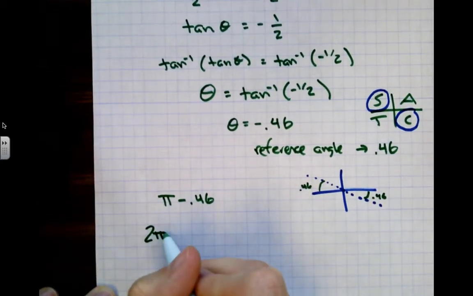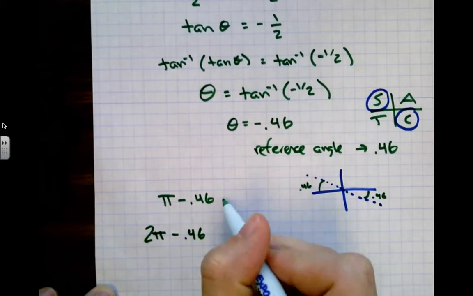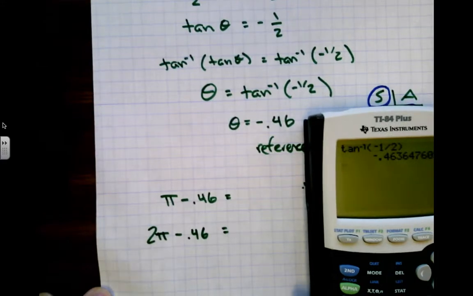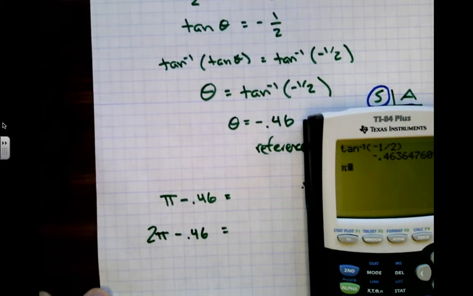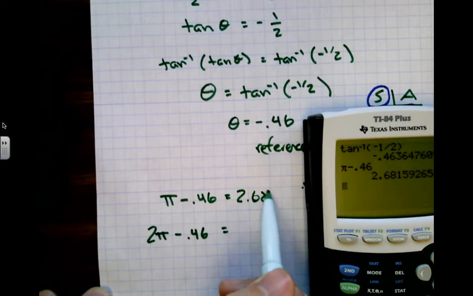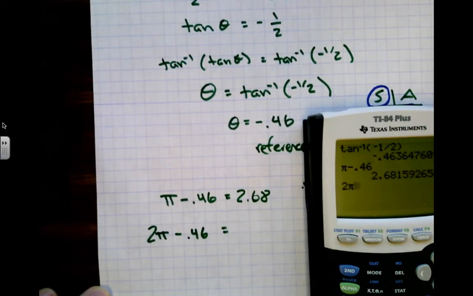I'll say 2 pi minus 0.46, and I just go into my calculator and type both of those in. So I would say pi minus 0.46. That gives me 2.68. That would be one solution, and my other solution would be 2 pi minus 0.46, which gives me 5.82.